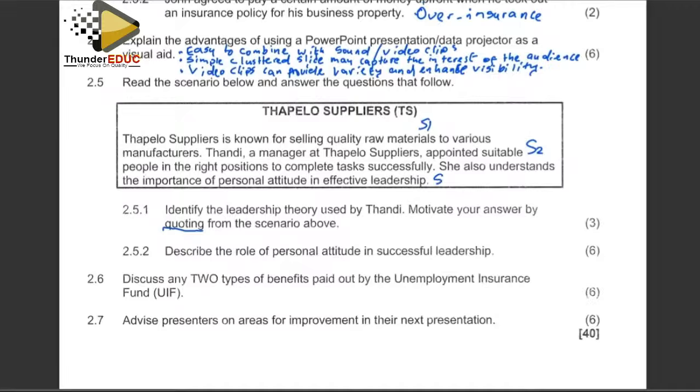We have sentence 3, where it says she also understands the importance of personal attitude in effective leadership. So now, if you remember grade 12, when it says motivate and quote, you write the full sentence exactly the way it does appear. So now our leadership style that is actually being given here is situational leadership.